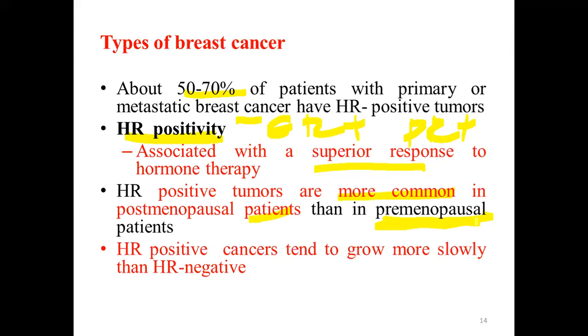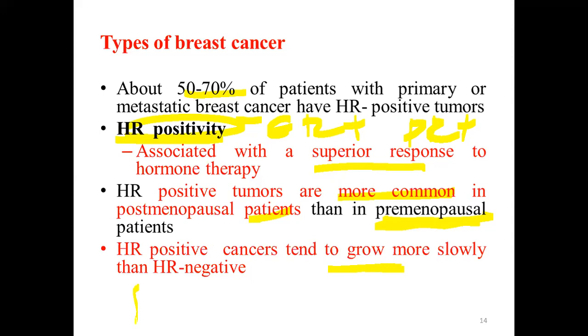Then, what is very important with HR positivity is that it usually grows more slowly than HR negative tumors. That is why hormone receptor status assessment is really key, so that you can say something about the possible prognosis of the disease.